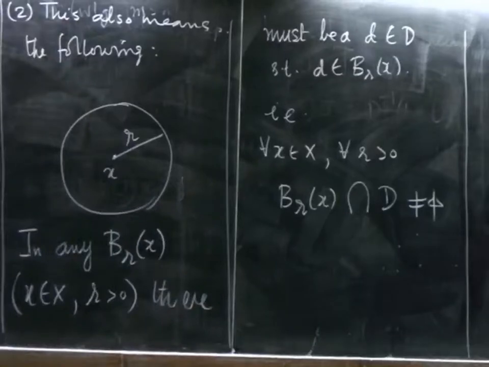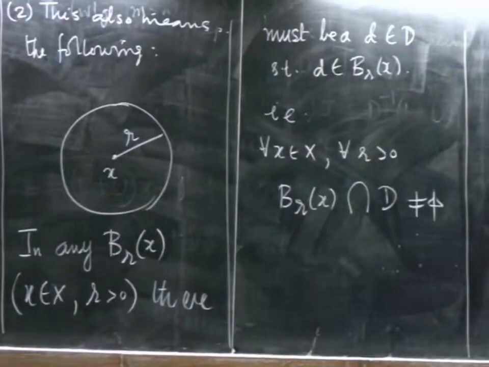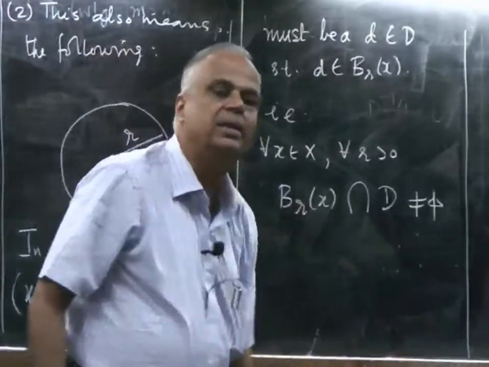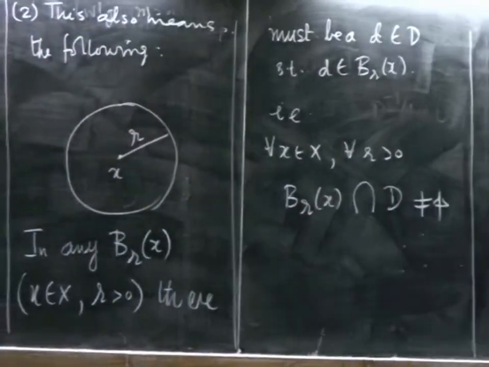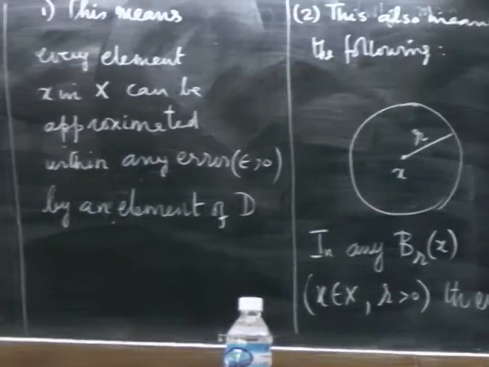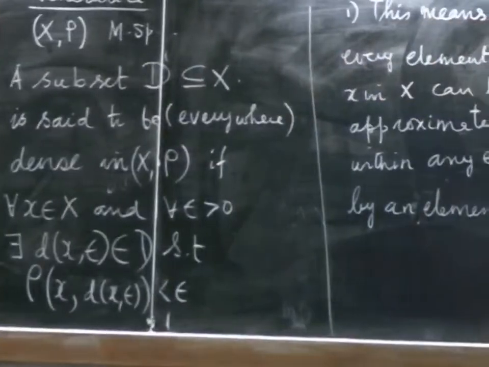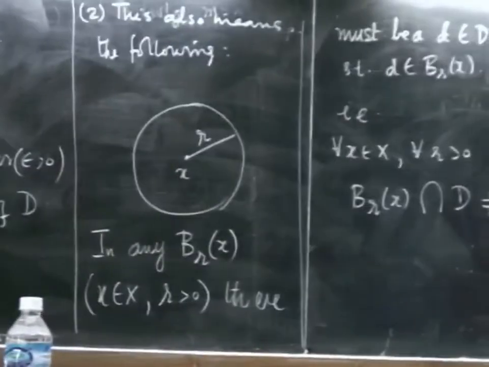So this is what denseness means. For every point in the space and for every possible radius, the open ball centered at x with that radius will intersect D.